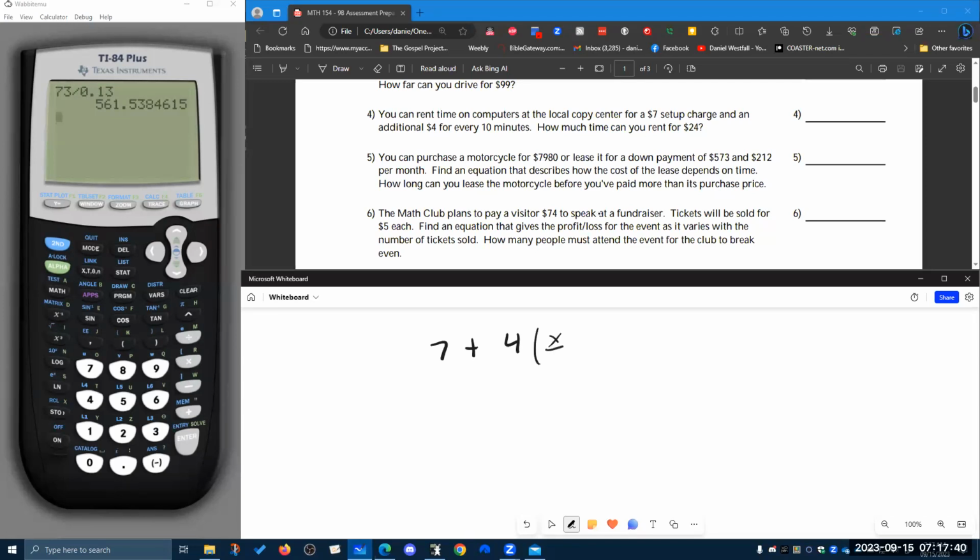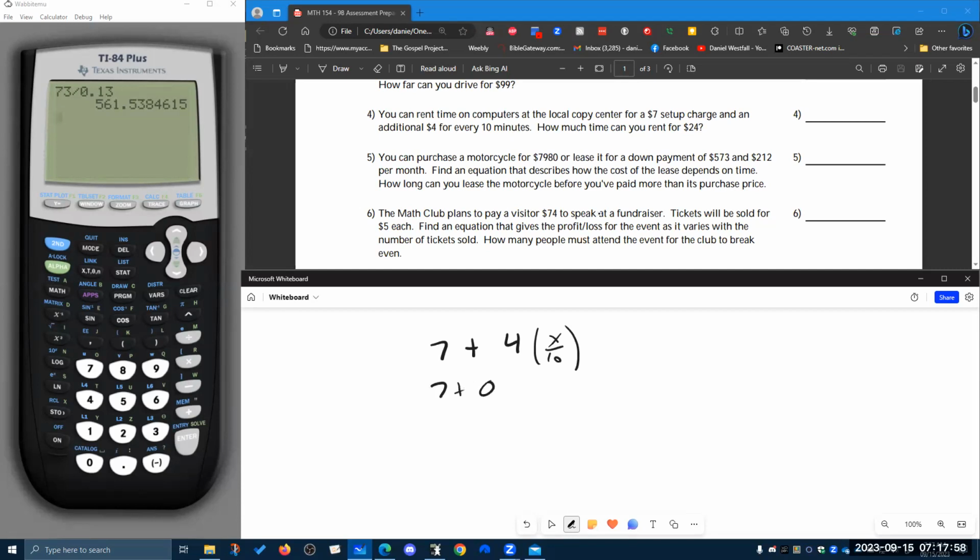Sure, let's do it like that. So let's figure out if we are getting charged $4 every 10 minutes. That means that we're getting charged 40 cents a minute. So let's write it that way.